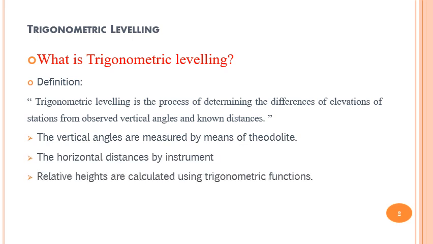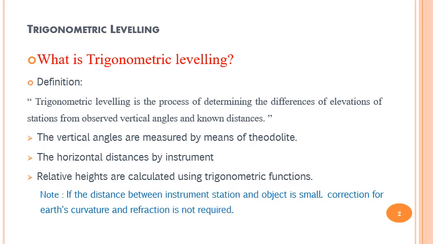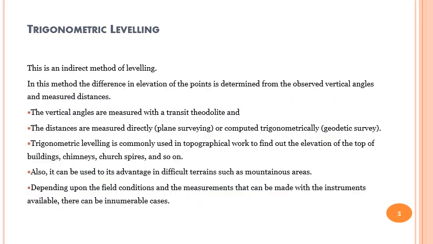Relative heights are calculated using trigonometric functions. Note, if the distance between the instrument station and the object is small, corrections for earth curvature and refraction are not required. This is an indirect method of leveling.